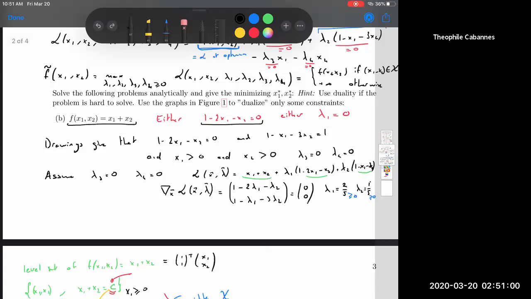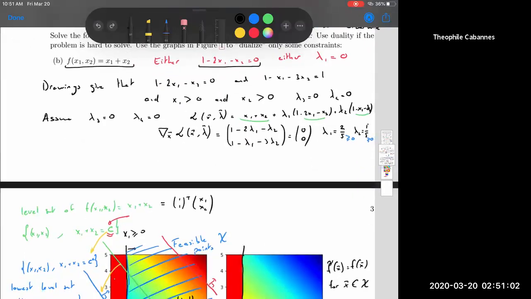And then if you plug those values, lambda 1, lambda 2, lambda 3 and lambda 4, in your Lagrangian.